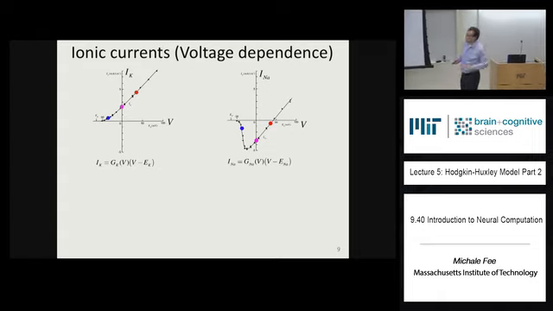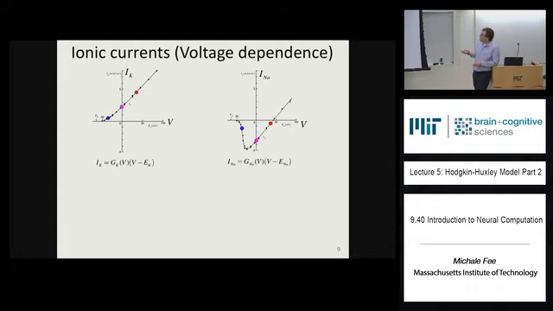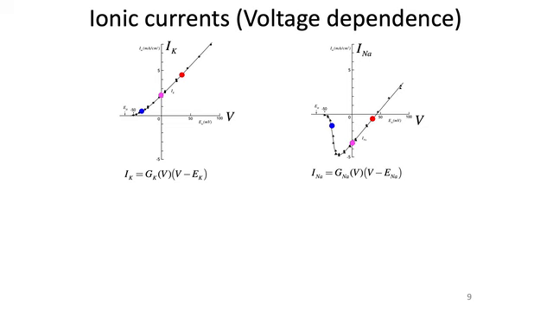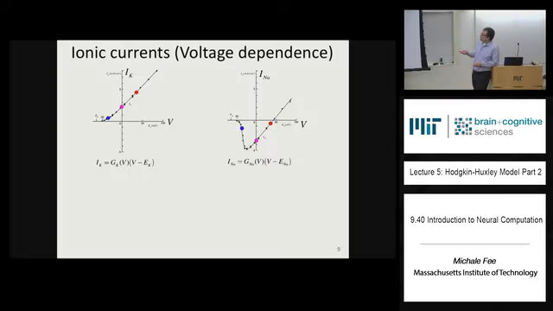So let me just walk you through that logic again. So remember that the current is just a conductance times the driving potential. Right? The driving potential is positive when you're above the equilibrium potential, and it's negative when you're below. So this term here is a straight line. It's linear in voltage, and it goes through 0 when V is equal to EK.